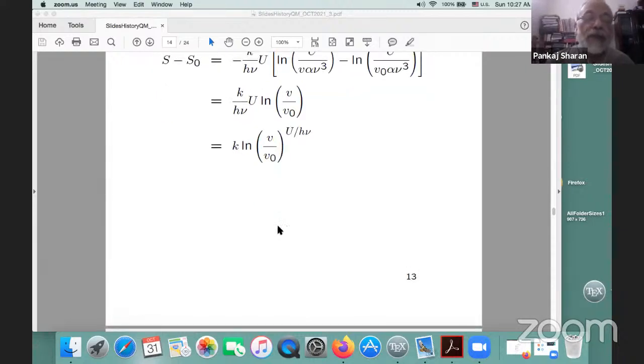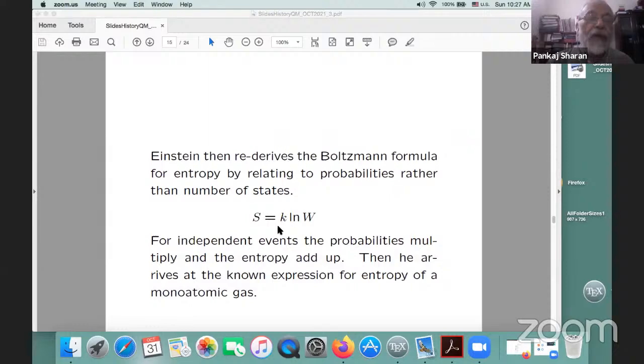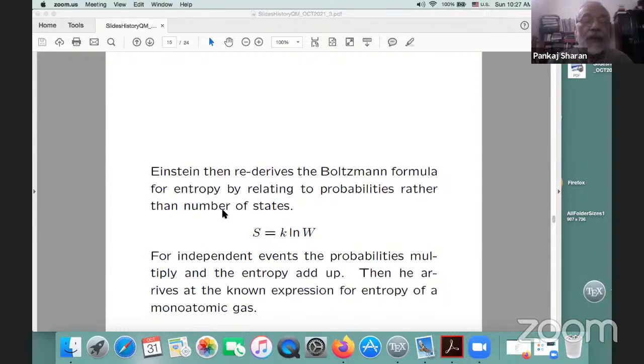Now, this is something which he compares with a simple formula which you all know. It is related to the Boltzmann formula, which tells us that entropy is K times log of W. Einstein expresses his differences from the Boltzmann formula. He says that in the Boltzmann formula, W only refers to the number of all possible states and combinatorics, whereas Einstein tries to justify this by saying that W refers to probabilities.